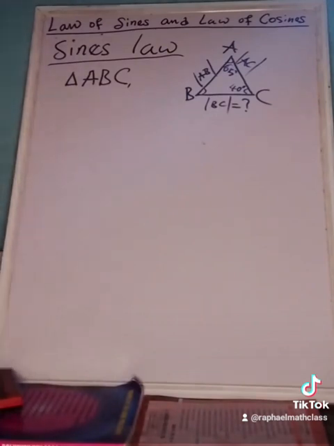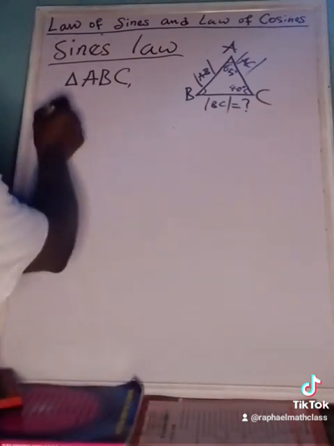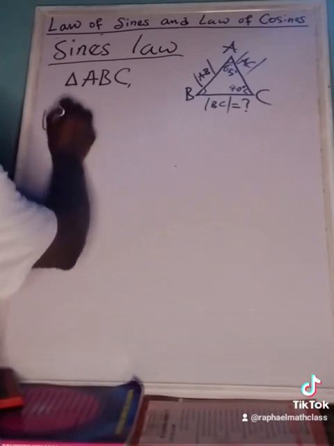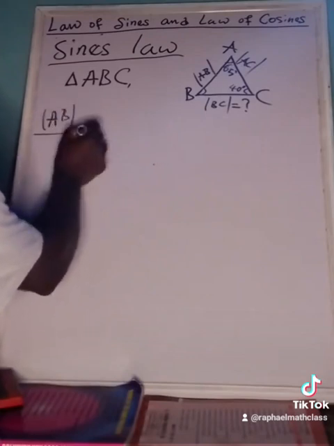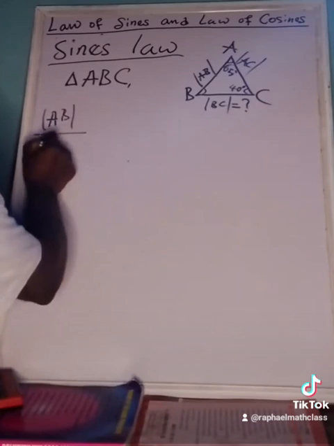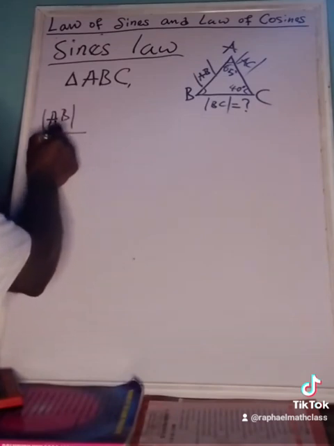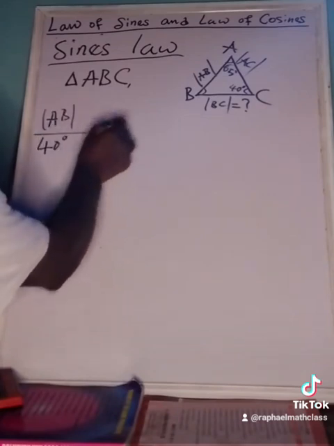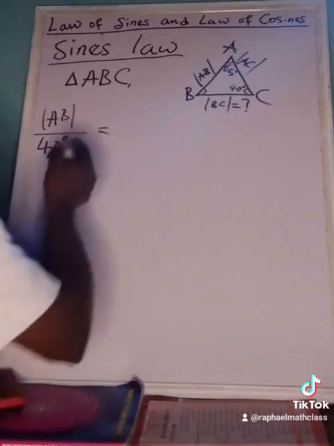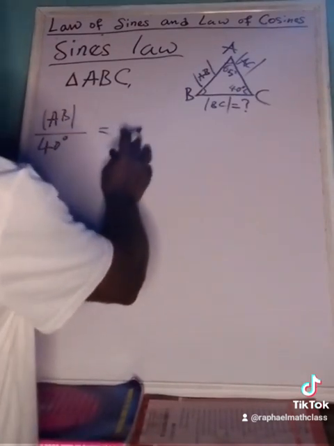So we are going to have our side AB divided by sine 40 degree, which will be equal to side BC that has not been given divided by sine 65 degree.